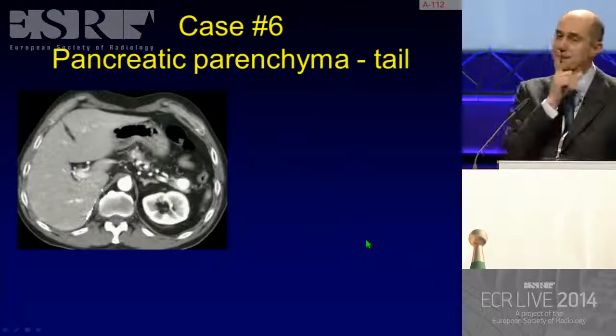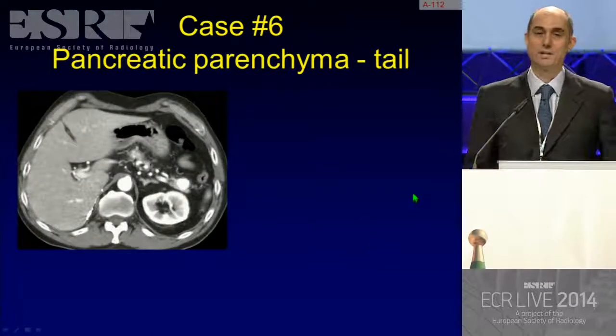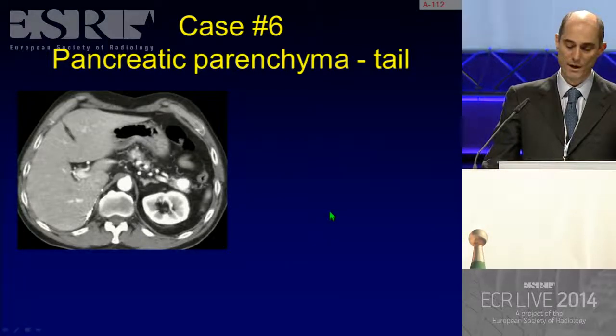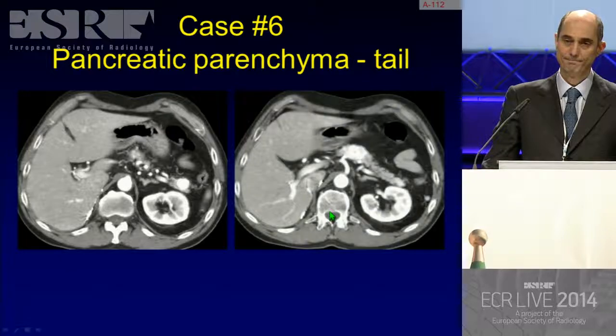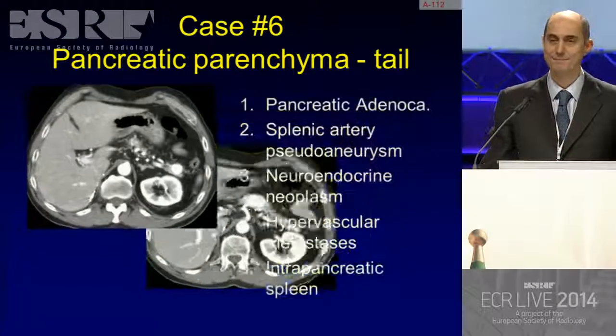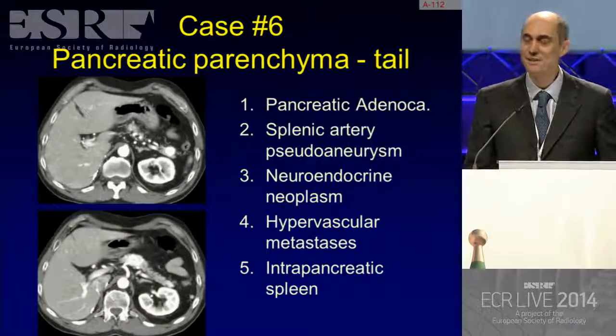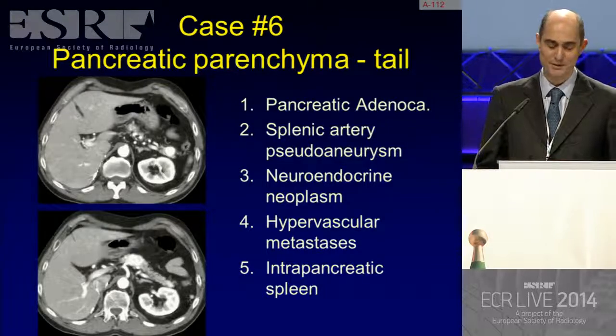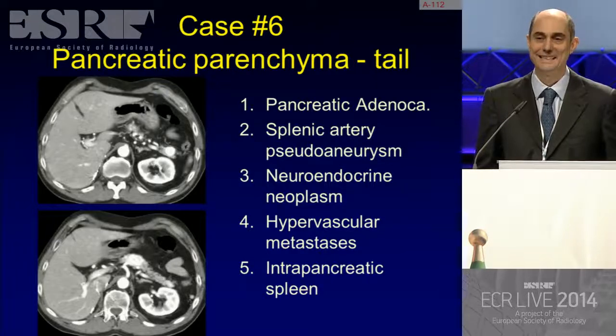But I would like to have your opinion on this other patient, in which we have, again, two lesions. What do you think it is? Pancreatic adenocarcinoma, splenic artery pseudoaneurysm, neuroendocrine neoplasm, hypervascular metastasis, or intrapancreatic spleen?